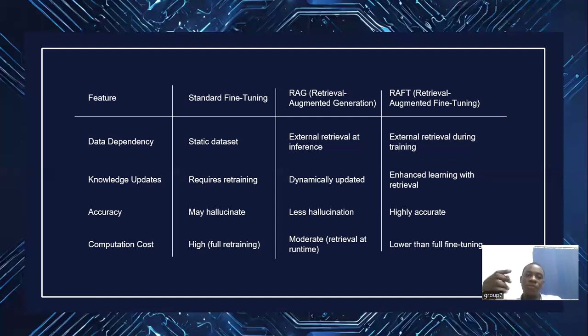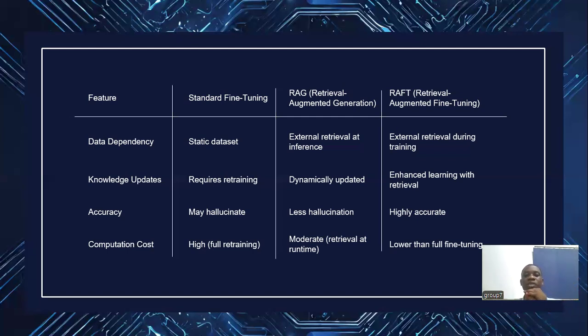If information is updated from the source, this model will require constant retraining over and over. Then for RAG, it will dynamically update since the information is retrieved at inference. The moment you want it, it is referenced. Then for RAFT, it will have enhanced learning with retrieval, meaning it will still have the knowledge base, but then go on to retrieve that information that you want.